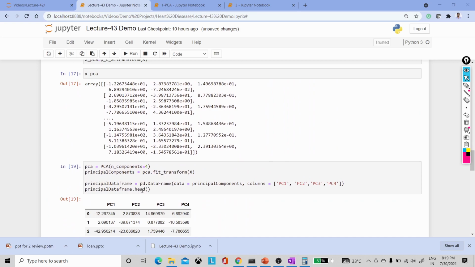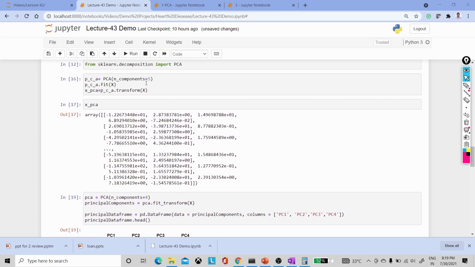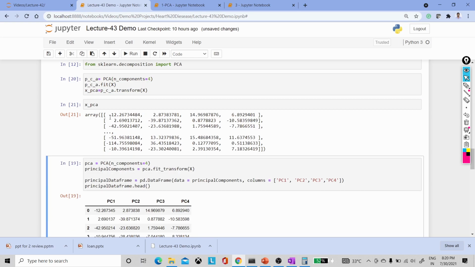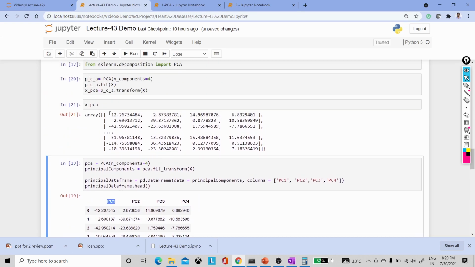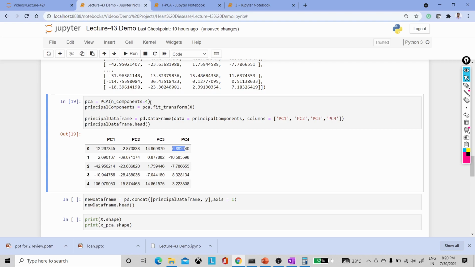If you give the number manually, it is the same as this table, don't be confused. Here are PC1, PC2, PC3, PC4. If you see here, minus 12.26, 2.87, 14.96, 6.89. However many components you need, if you give that number here, that many components of information will be displayed.